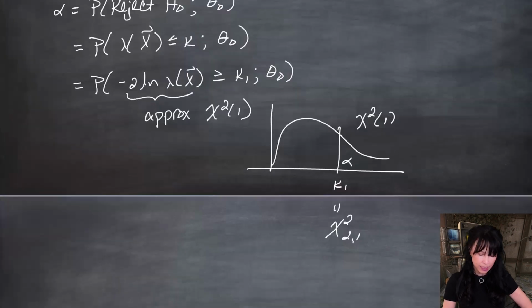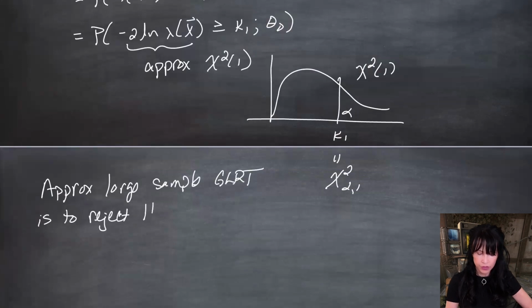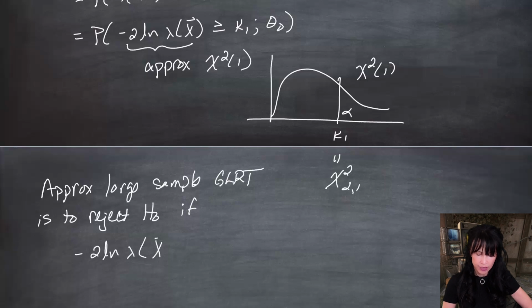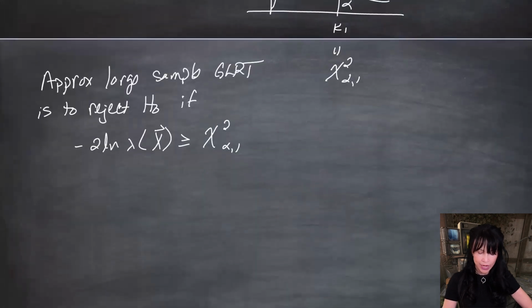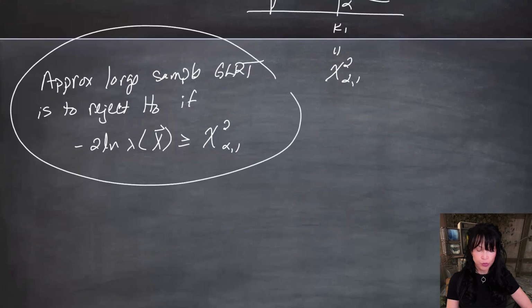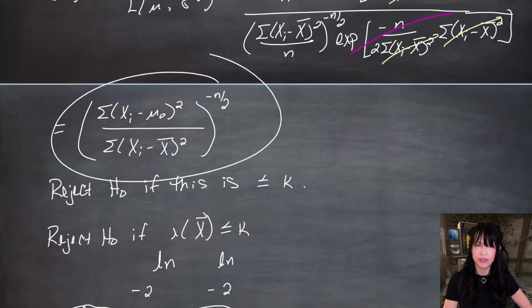So our test, the approximate large sample generalized likelihood ratio test, is to reject a null hypothesis if -2 times the log of the generalized likelihood ratio is greater than or equal to this chi-squared critical value, where it's already written here, but if you write this, you better make sure that you've given someone the GLR.